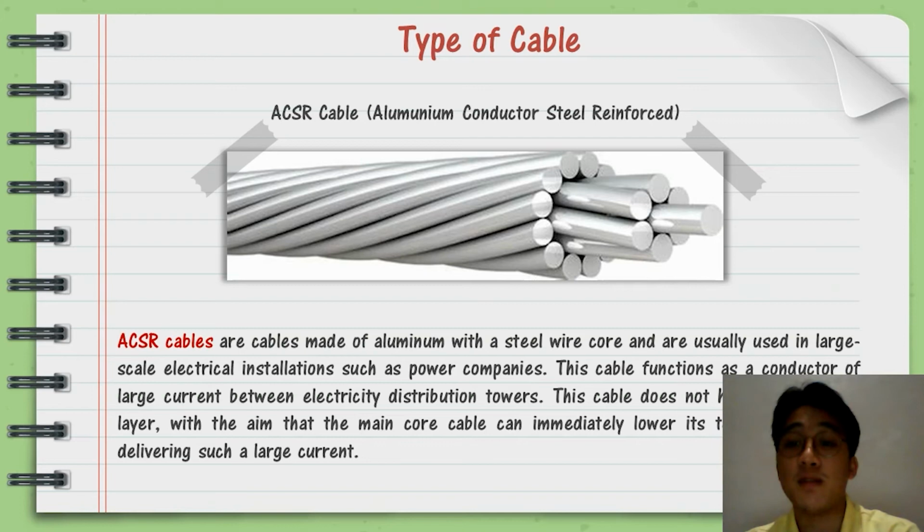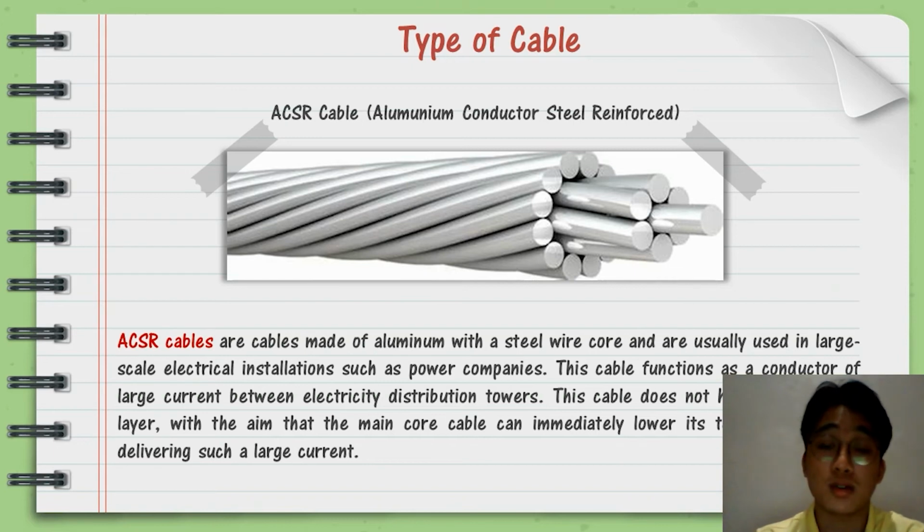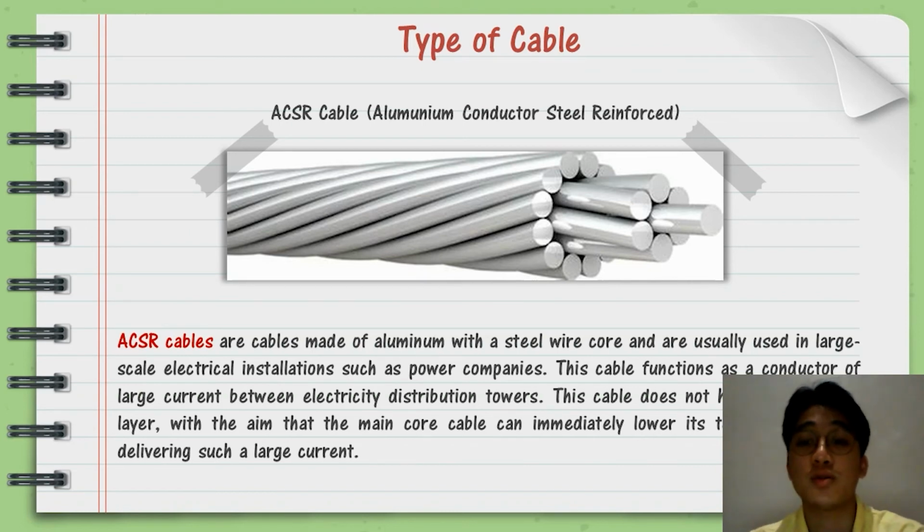This cable functions as a conductor of large current between electricity distribution towers. This cable does not have an insulating layer, with the aim that the main core cable can immediately lower its temperature when delivering such a large current.